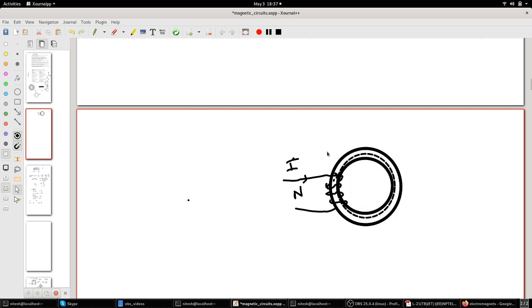The direction of the magnetic field is going to be in this direction. These magnetic flux lines generate flux, and they are guided by the core.